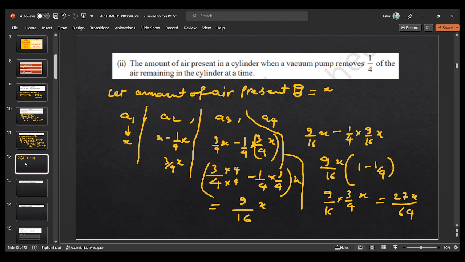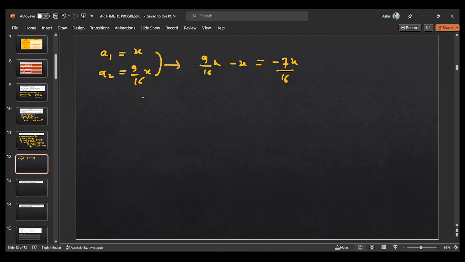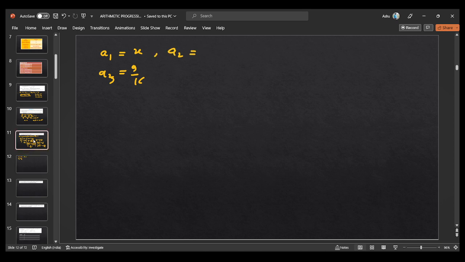First term was x and second term was 3 by 4 x. Then the difference A2 minus A1 equal to 3 by 4 x minus x, that will be minus 1 by 4 x.